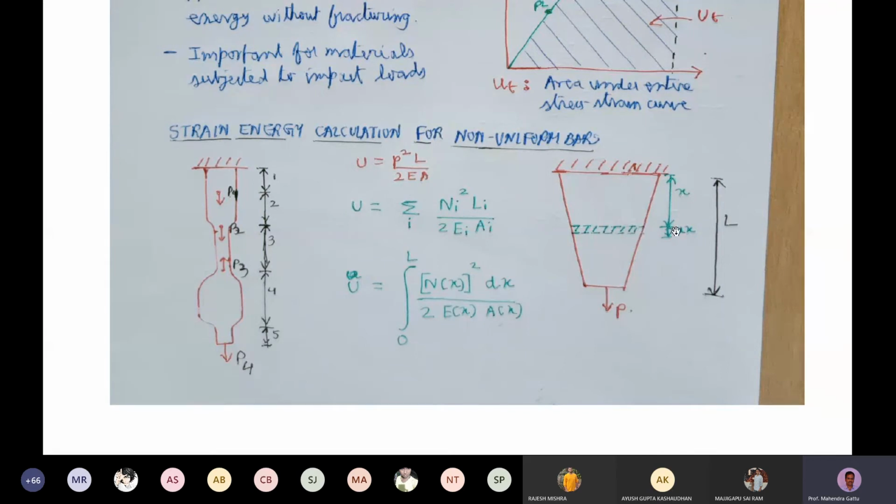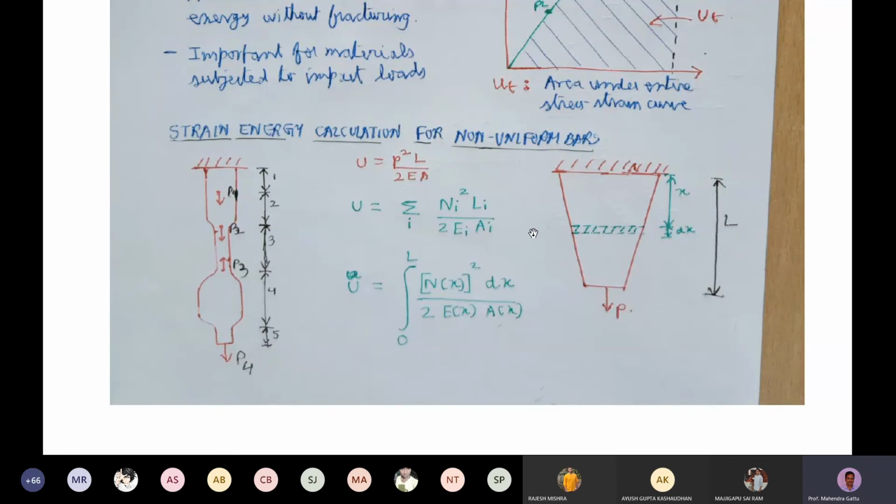So that strain energy will be integral 0 to L N of x square dx by 2 E of x A of x. Okay, so we are finding the strain energy for this infinitesimally small volume, and then we do the integration over the entire length. So this is the calculation for non-uniform bars.